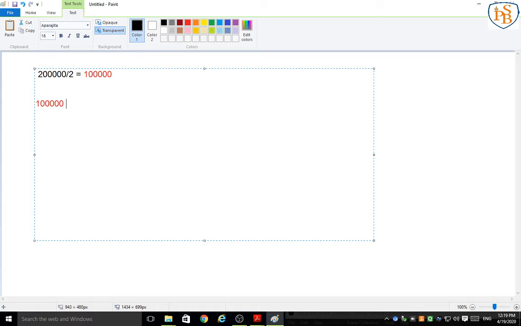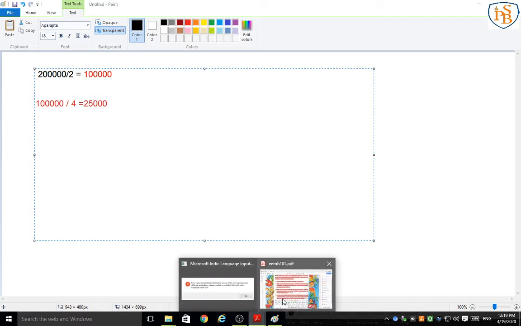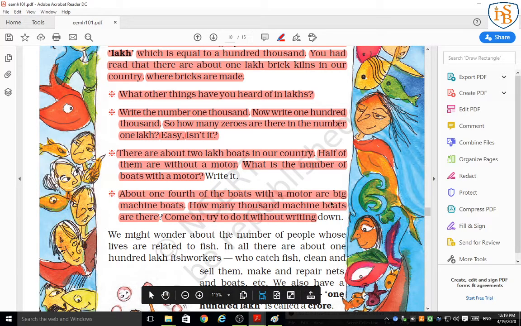So how can you find it? 1 lakh divided by 4 is equal to, the answer is 25,000. Correct? So what is the question? How many thousand machine boats are there? So what is the answer to the question, children? Yes, 25,000 boats are machine boats.